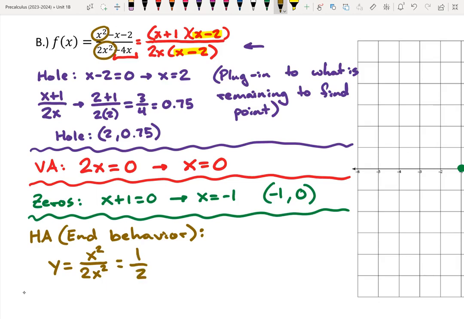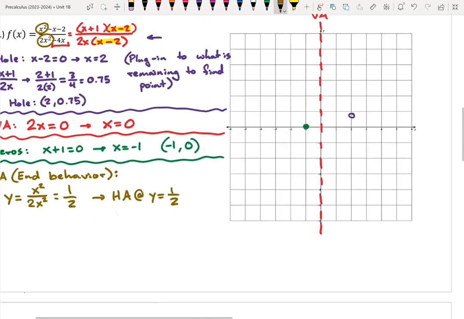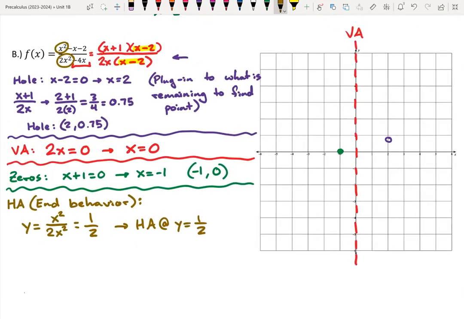So ladies and gentlemen, do we have a horizontal asymptote? At a half. Horizontal asymptote at y equals 1/2. So that would be right here at a half. That's actually going to go between those 2 points, a little bit underneath my hole and a little bit above my 0. That's my horizontal asymptote.